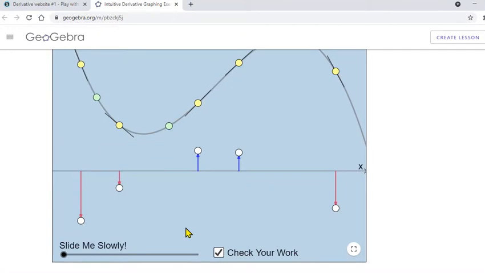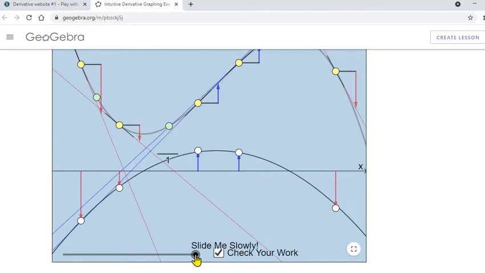Okay. So when you want to check your work, it says slide me slowly. I want you to watch what ends up happening. So it takes each of these differences, and then it takes each of these, and what it does is it shows you the slope of the tangent lines.